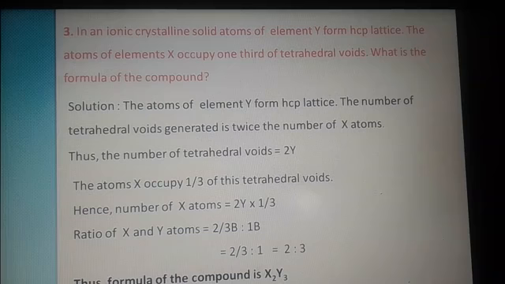Therefore number of X atoms is equal to 2Y into 1/3. और उसी को अगर हम सॉल्व करते हैं, in that case we are getting the value 2/3 Y is to 1Y. Therefore our ratio of X and Y will become 2:3, and thus our formula will become X2Y3. क्या आ जाएगा हमारा फार्मूला? X2Y3.